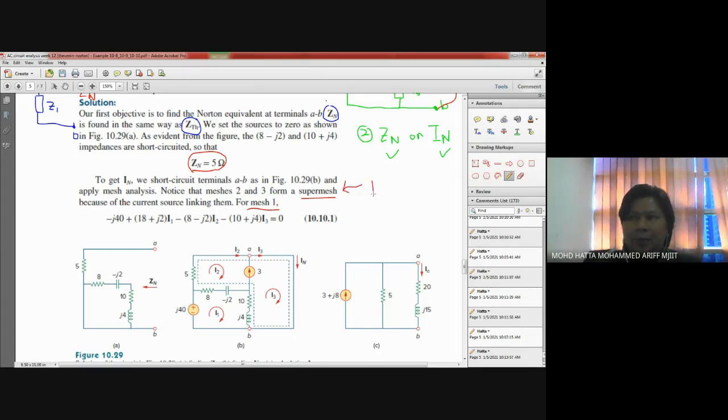Super mesh means that we need to use both KCL and KVL. This is not like plus together, both KCL and KVL. So this is what happened in the solution. Notice that mesh 2 and 3 form a super mesh because of the current source linking them from mesh number 1. So first we come up with a voltage drop across this first mesh given by this equation.